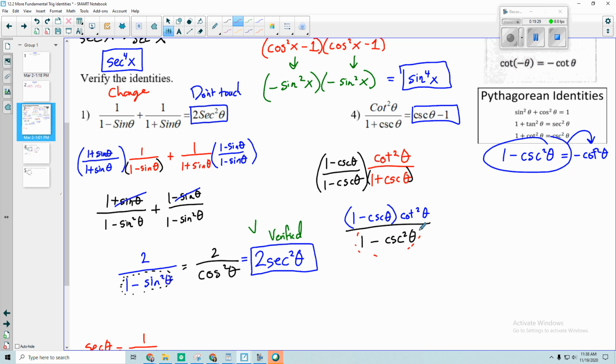So this right here is replaced with negative cotangent squared theta. And the numerator still looks the same.